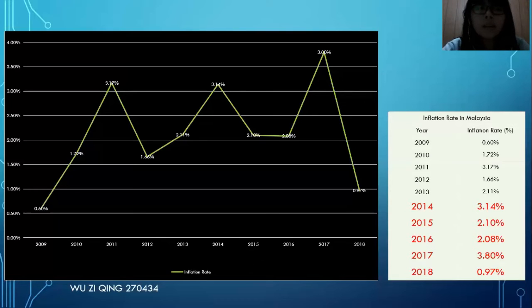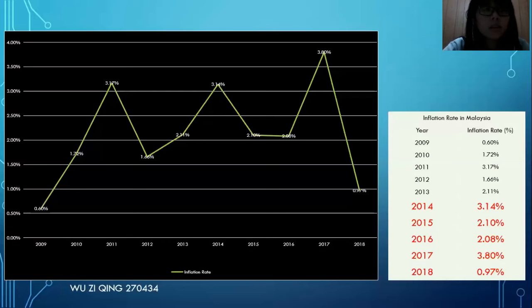However, there was a big change of movement in year 2018. In 2018, the inflation rate decreased to 0.97%, which dropped as much as 2.99%.